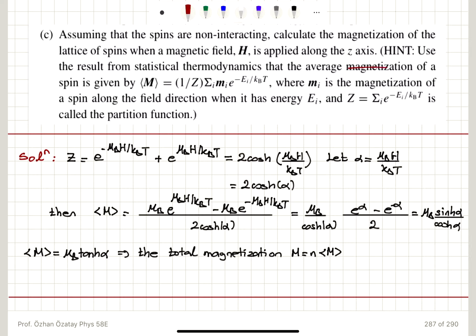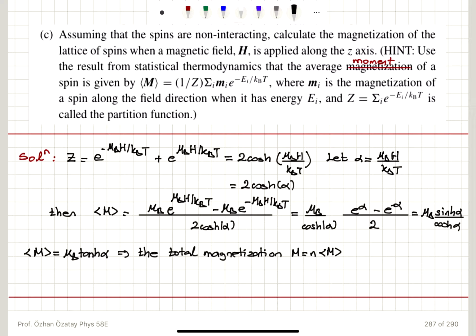It's the average magnetic moment of a spin, and then in order to go to magnetization, we have to multiply this with the number of spins per volume.